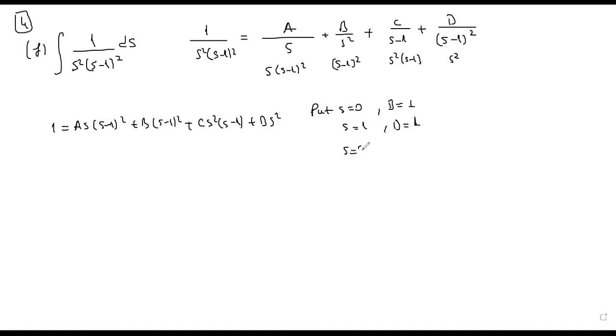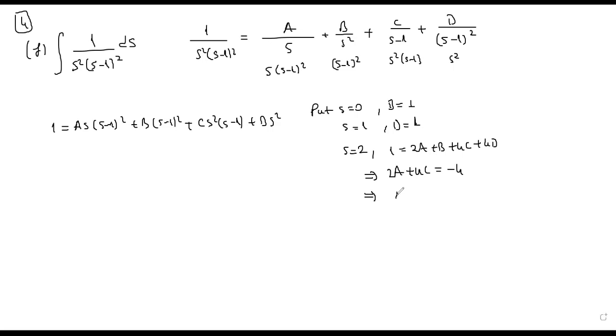And if you put s equals 2, you will get 1 equals 2a plus b plus 4c plus 4d. We already know that b is equal to 1 and d is equal to 1. If we plug them in here, it will give us 2a plus 4c is equal to minus 4.